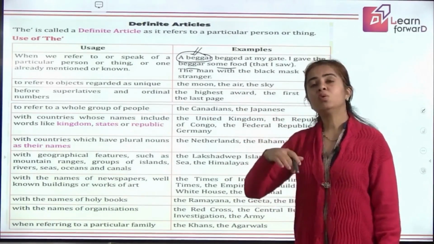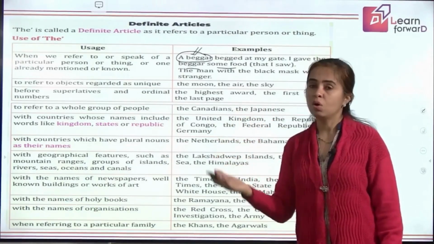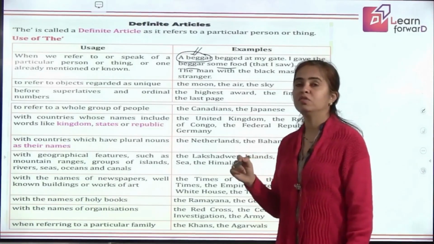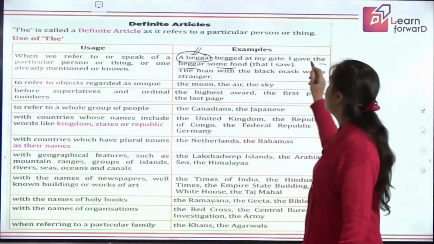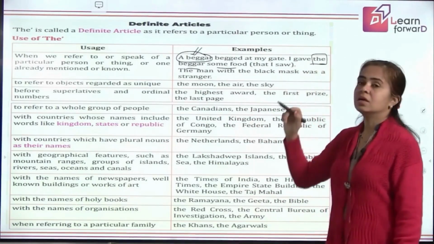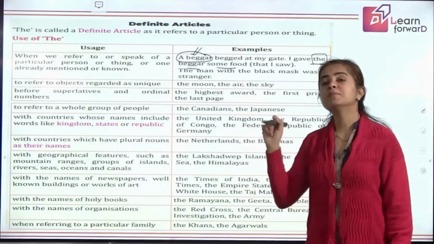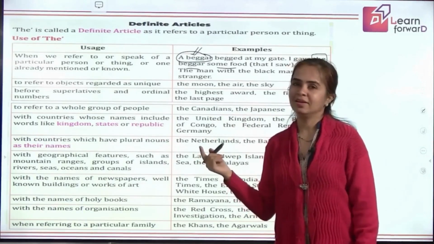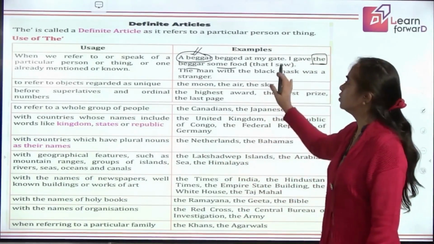So, when you are referring to a noun that has already been referred to, while repeating, not for the first time, you use the article the, because now it becomes particular. Which particular? The one which is referred to earlier also, right? So, this way it becomes particular.